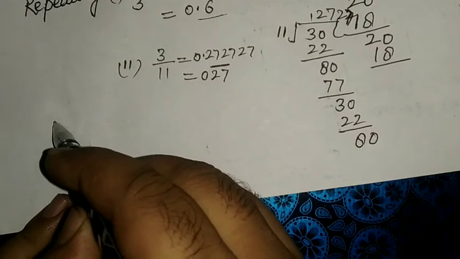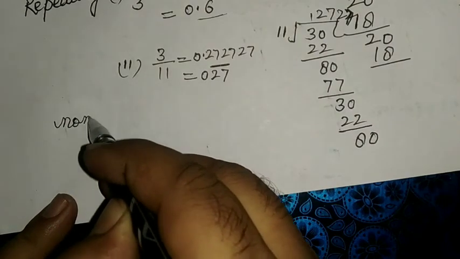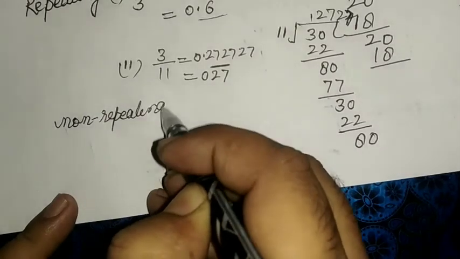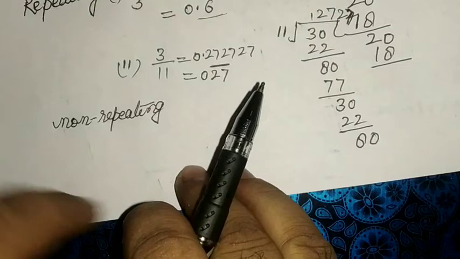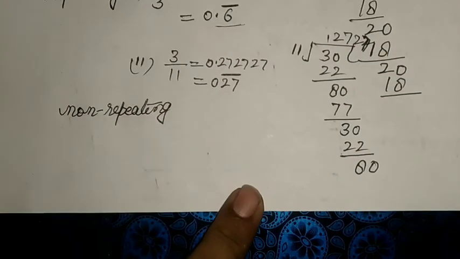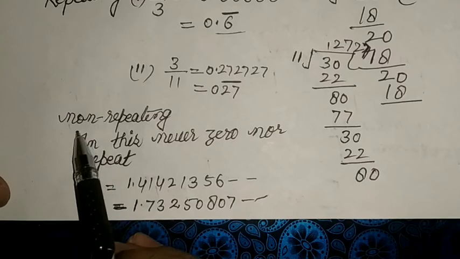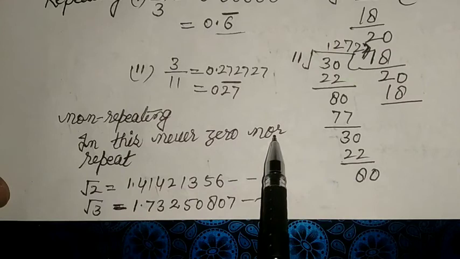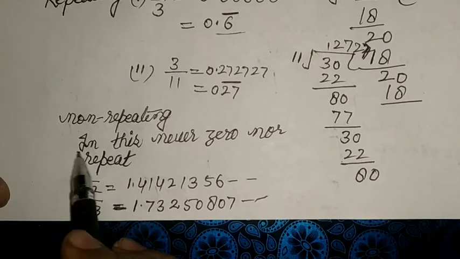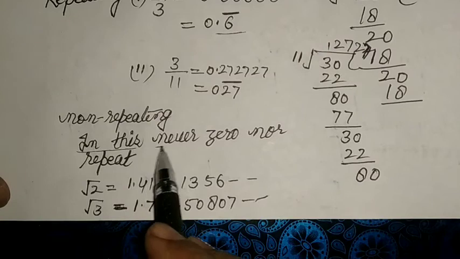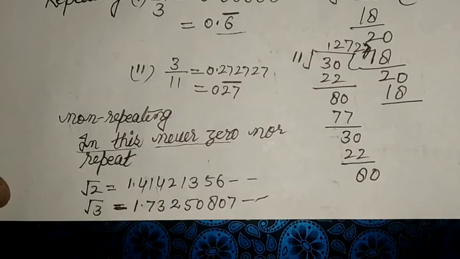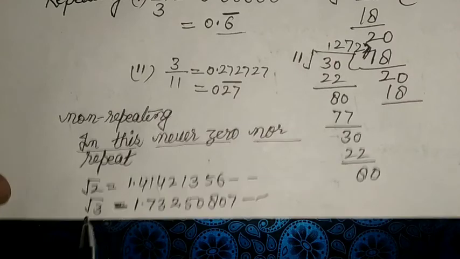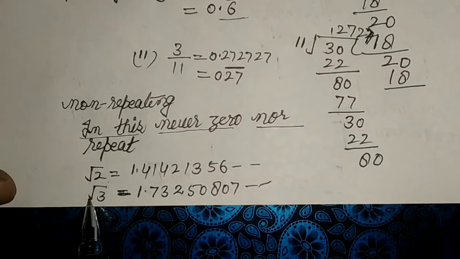Now we will discuss non-repeating. In non-repeating, it is never 0, no number repeats. We can write √2 and √3.